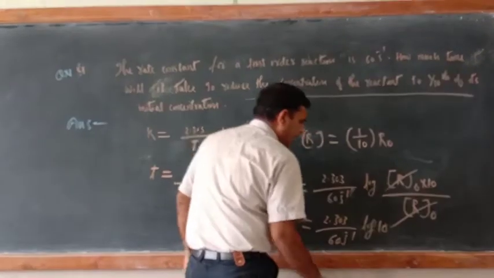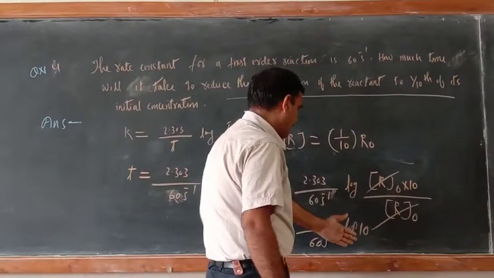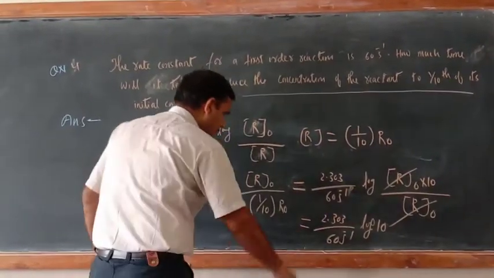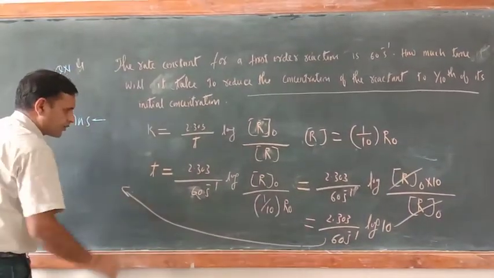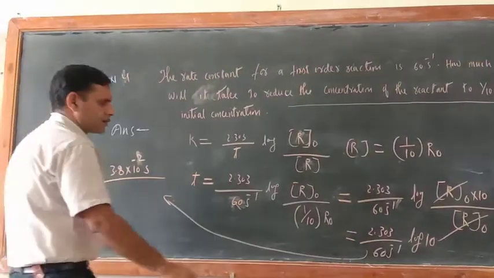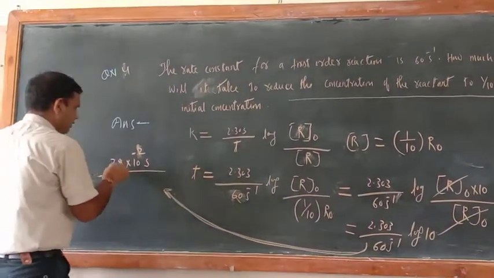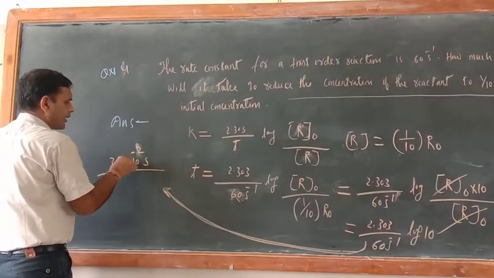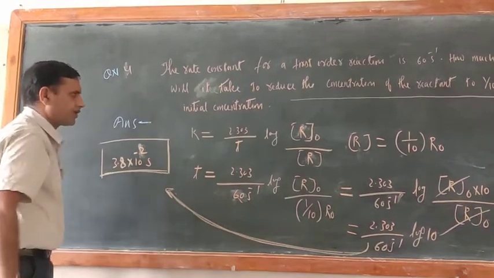You know the value of log 10 from the log table. If you solve this one, you will get 3.8 into 10 raised to the power minus 2 seconds. This is the final answer.